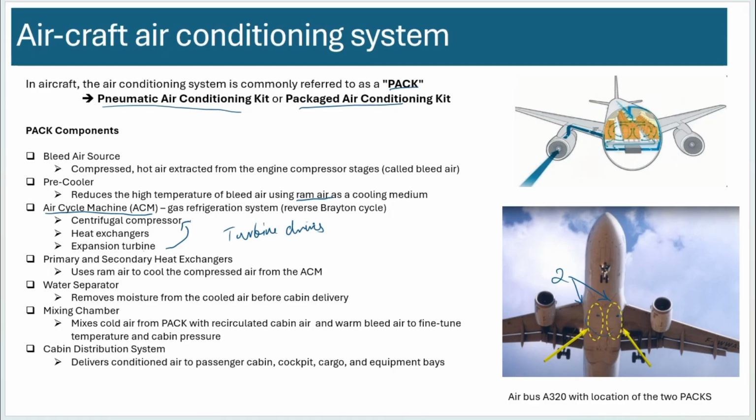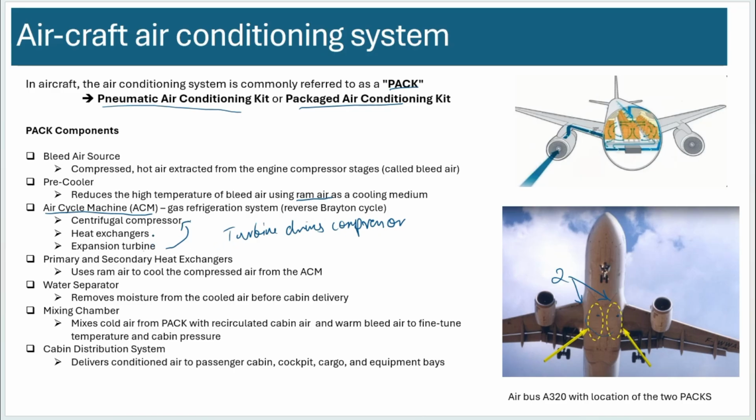Okay, so this is a separate compressor. This is not the compressor on the engine. Okay, so this is basically a secondary compression process. Primary compression is done by the engine compressors, and then there is a turbine and a compressor system together, which is again compressing and expanding.